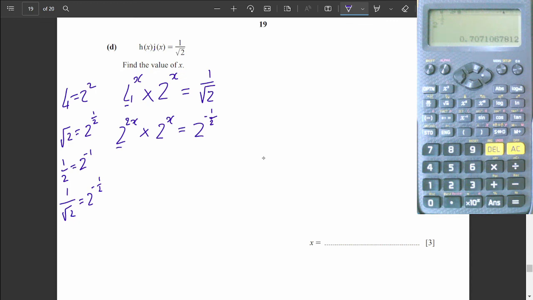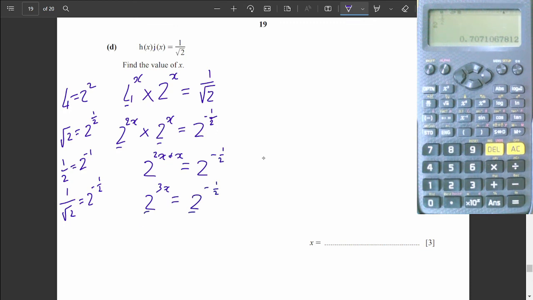Now, because all the base numbers, oh wait, we're not there yet, we can now add these two together. When we multiply with indices, we can add the indices. So 2 to the power of 2x times 2 to the power of x is the same as 2 to the power of 2x plus x, which is 2 to the power of 3x.